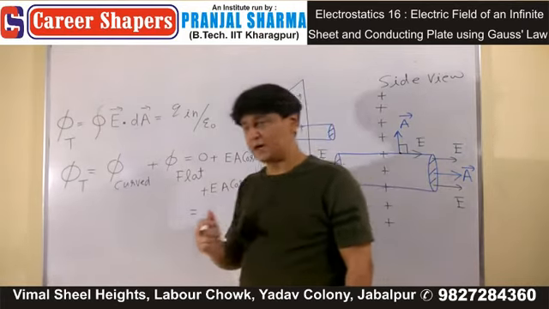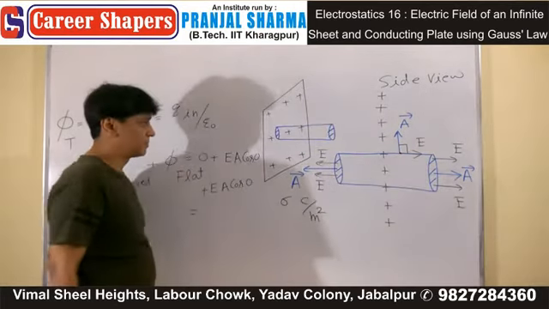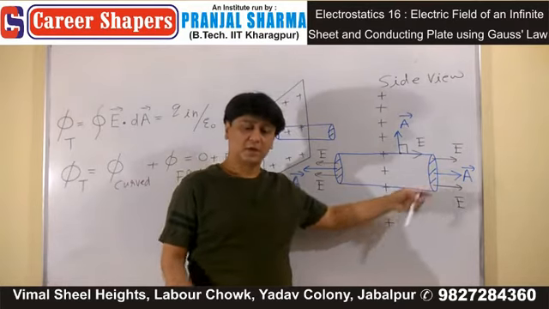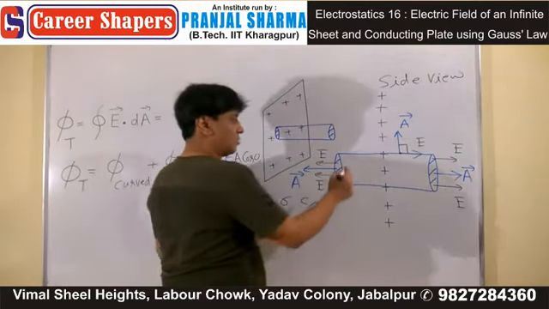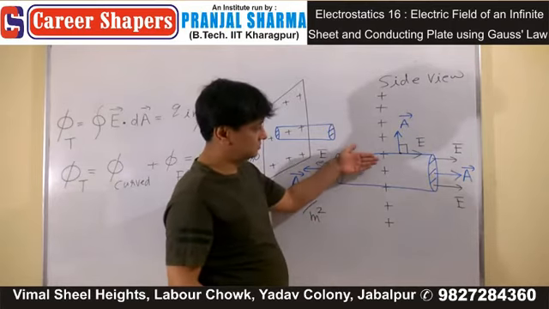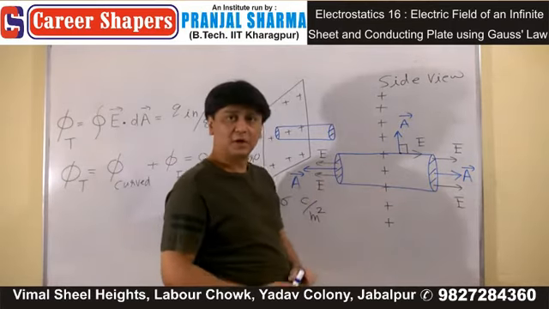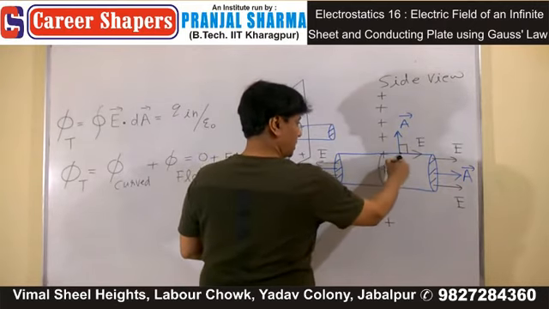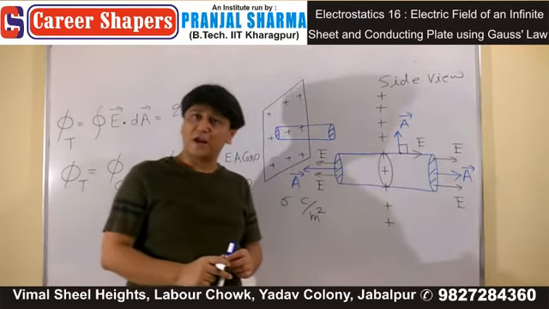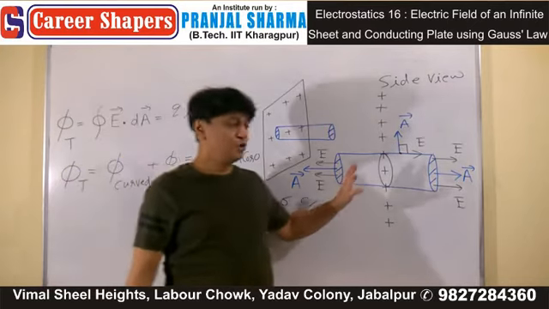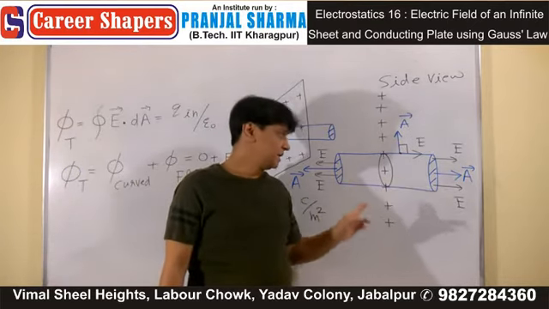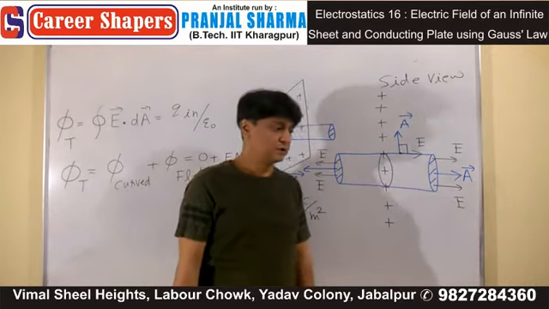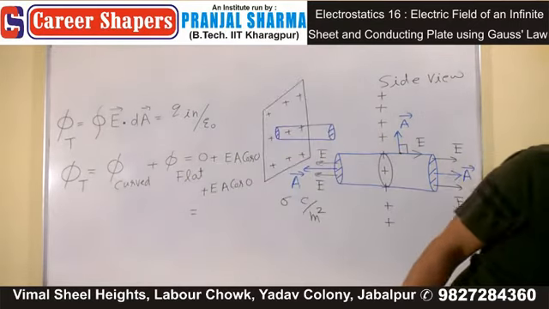What is charge inside? Now let's look at that. If you have a cylinder, then when you place it like this, this is the area of the infinite sheet which will be inside the cylindrical Gaussian surface. Nothing special.